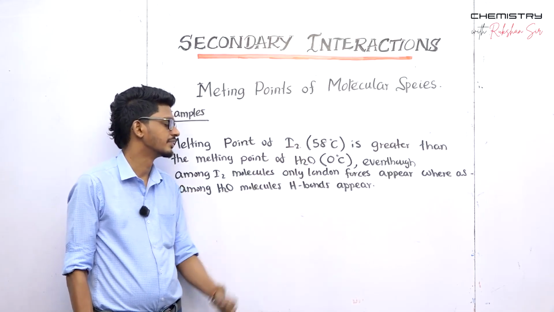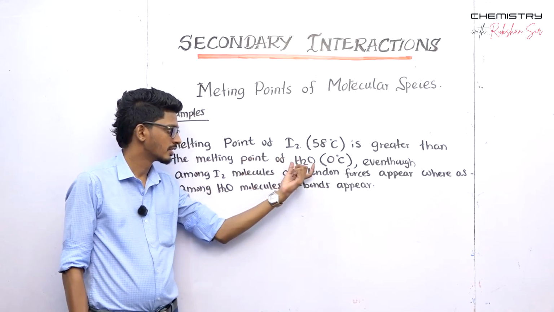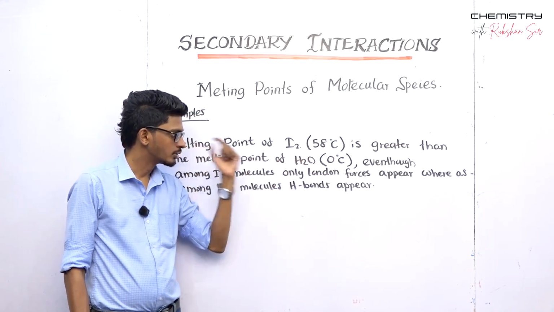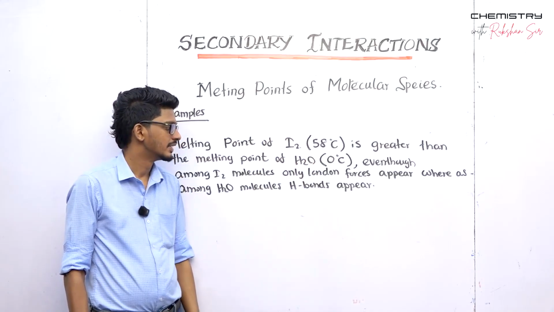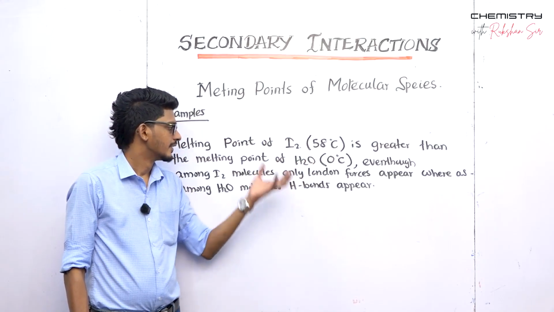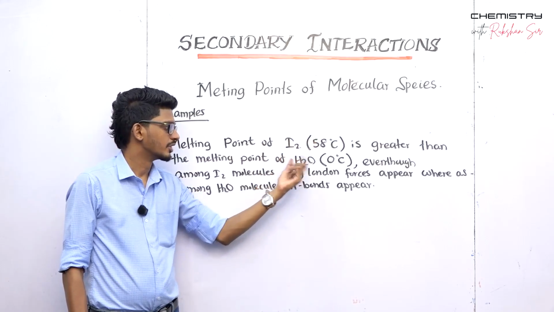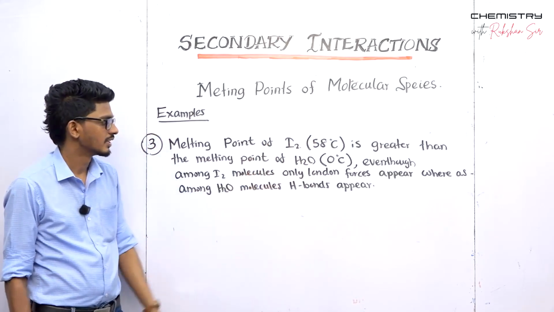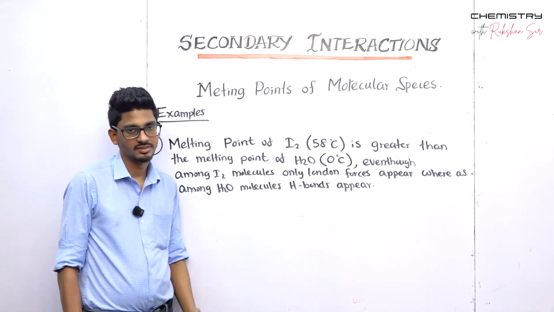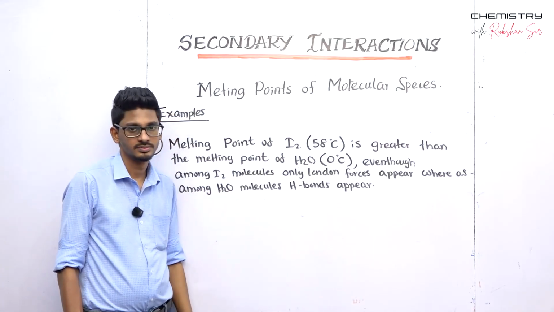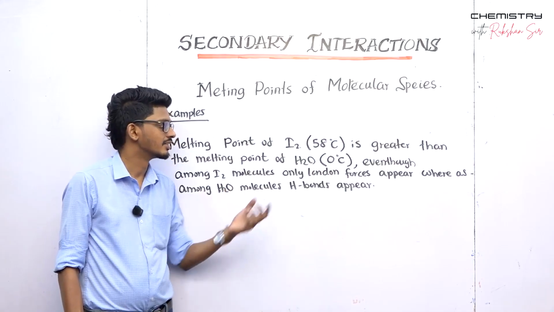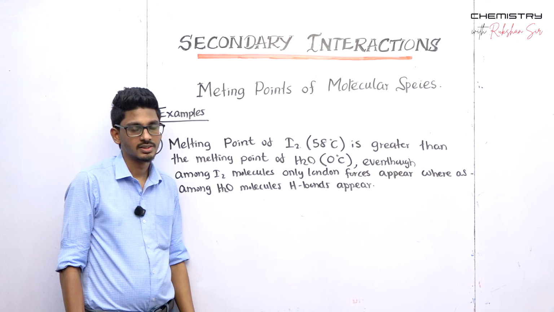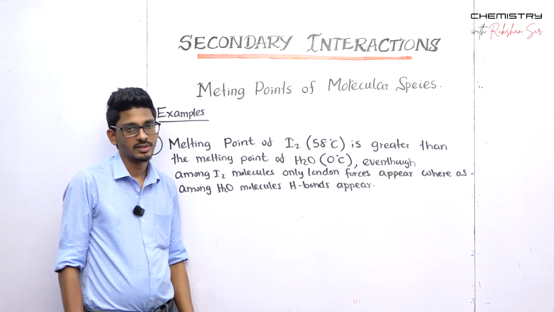Non-polar means only London forces are existing there. H2O carries hydrogen bonds. Even though the second interaction strength in H2O is greater than that of I2, still the melting point of I2 is greater than that of H2O. So for this observation, we clearly see second interaction strength is not what decides the melting points here. Then it should be the other factor, molecular weight.